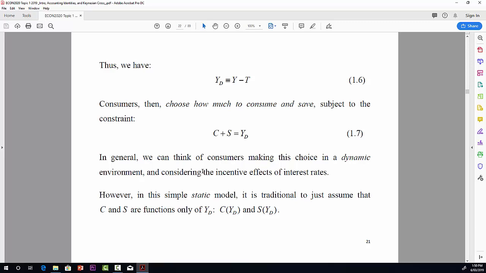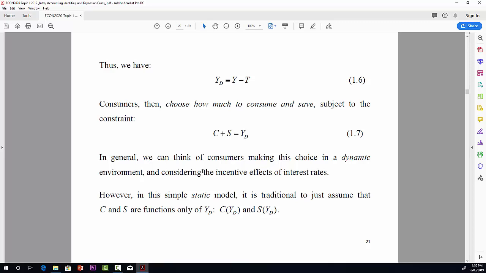So it's in general a fairly complicated dynamic problem. And if you go on into future courses in economics and macroeconomics, you'll spend quite a bit of time thinking about this dynamic problem of consumption and savings.